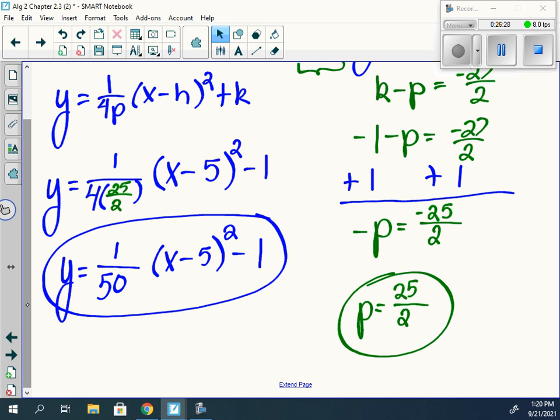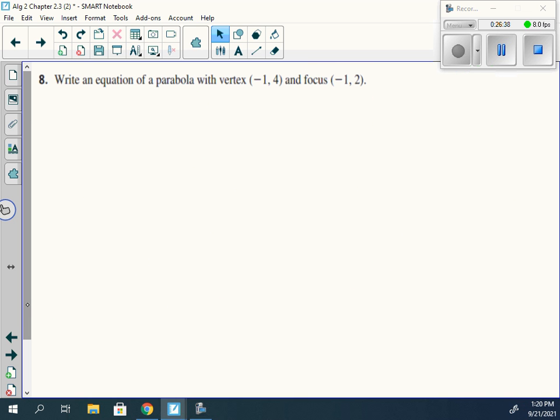Any other questions on this here? Are you ready for the next one? I think y'all feel comfortable with vertex focus? Okay.